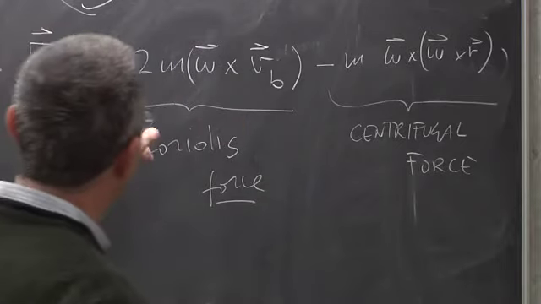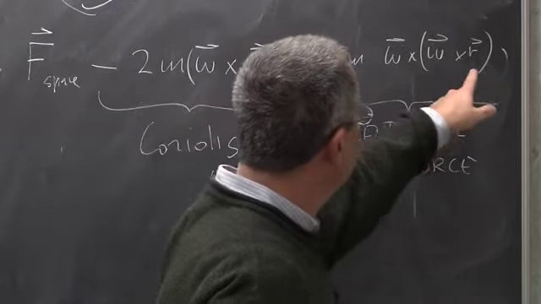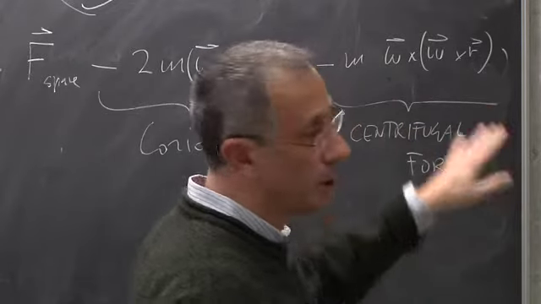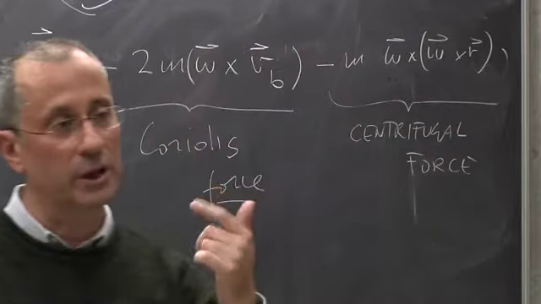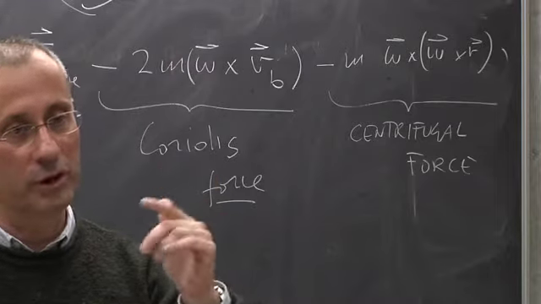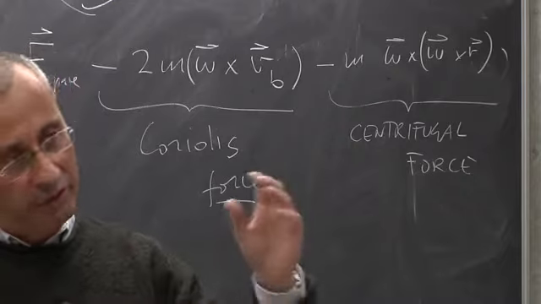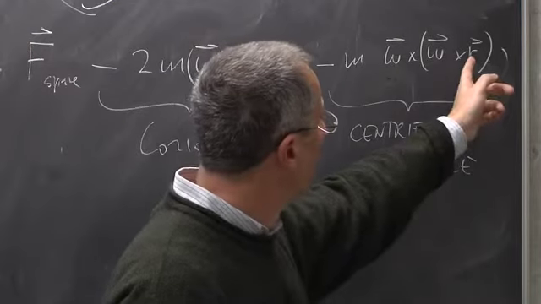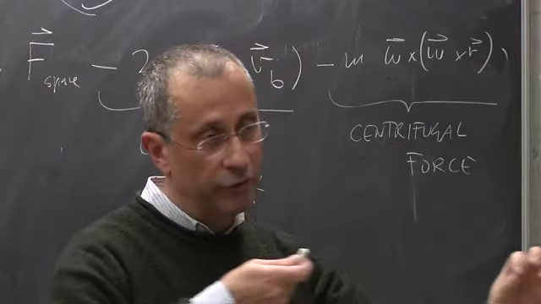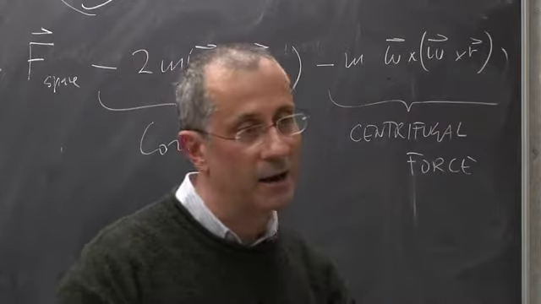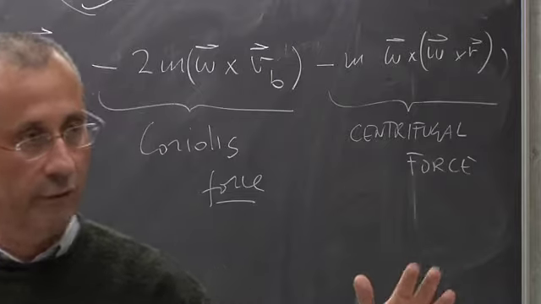This is a little less trivial in the sense that this tells you that the centrifugal force is clearly proportional to the angular velocity, in fact, to the square of the angular velocity. So the faster the merry-go-round turns, the stronger is this force. And also, the further away from the center, that is the larger r, the larger is the force.